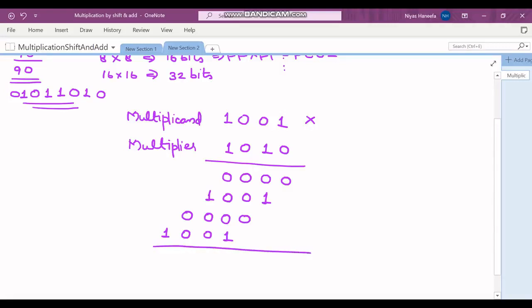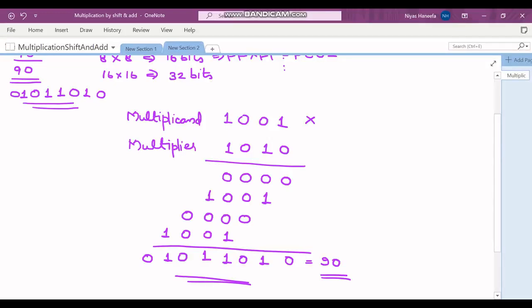Finally the result you get is 1011010. You prefix it with a 0, and this is equal to 90. So this is the answer, the simple logic for the multiplication.